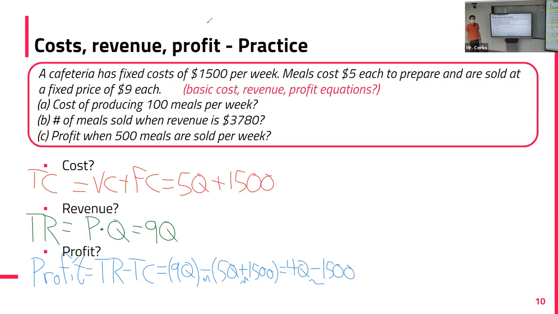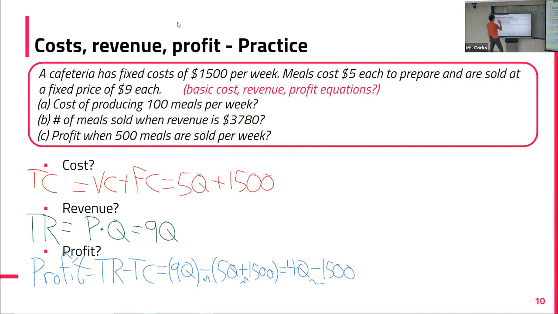Okay, we're done. All right. So question A here, cost of producing 100 meals per week. The whole analysis here is on a per week basis.